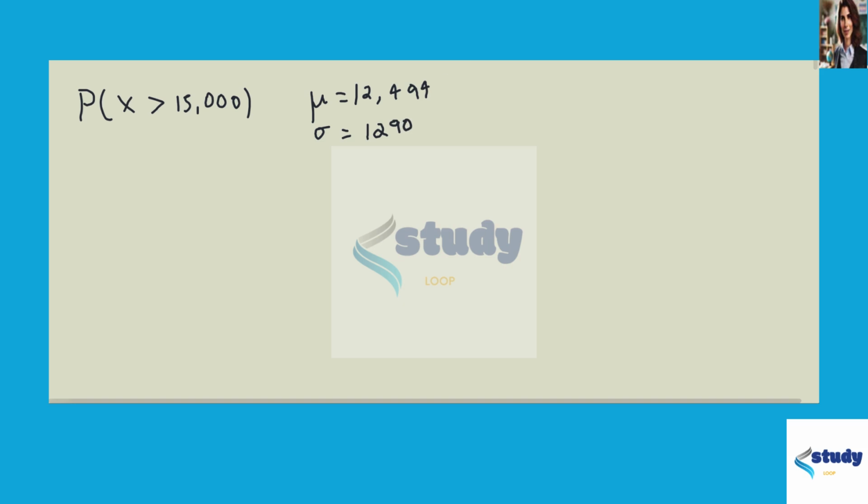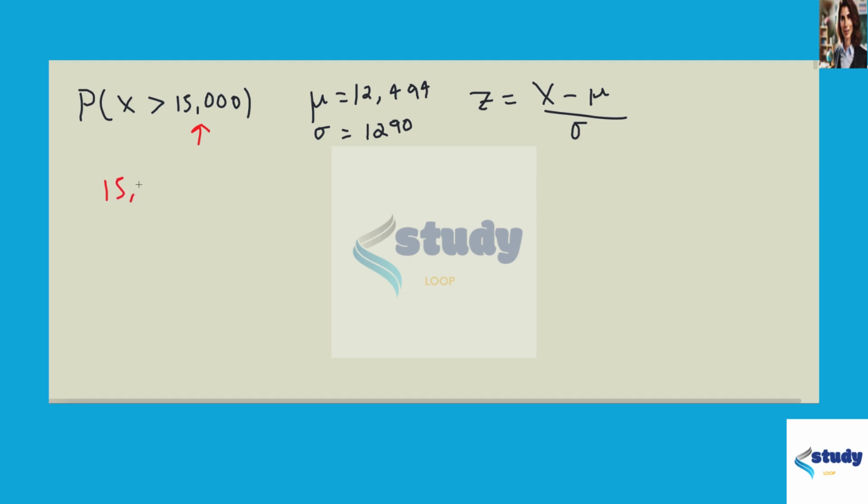So now, given these pieces of information and the fact that this data is normally distributed, we can use the formula x minus mu over sigma is equal to z. So now we're just going to go ahead and do that for this number.